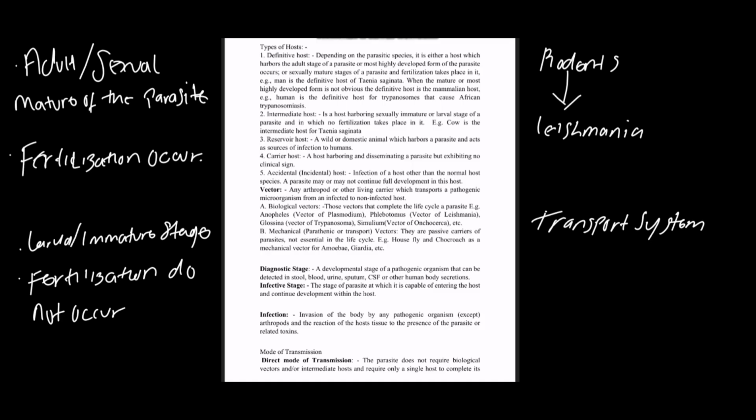Then the next thing we have on our slide here is infection. Infection occurs when a parasite enters the body, and as a result of the invasion or the intrusion of the parasite inside the body, the defense mechanism responds. That is, the body immune system responds, leading to a reaction or damage.